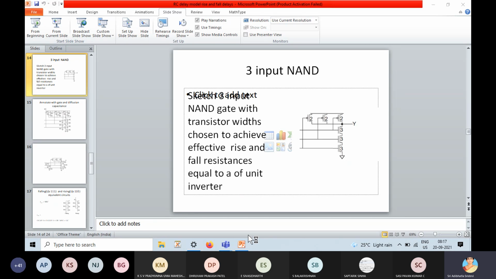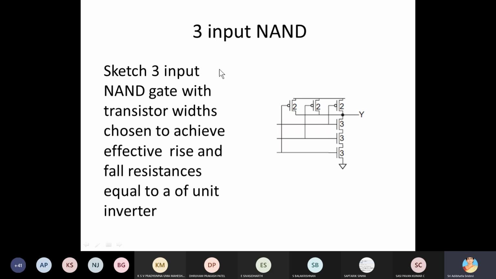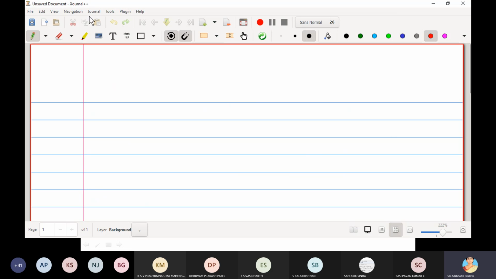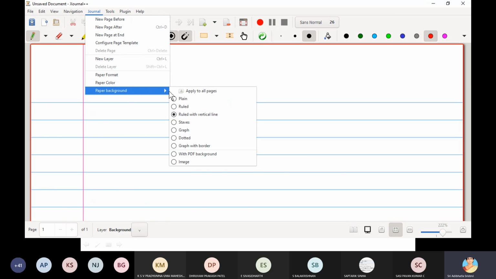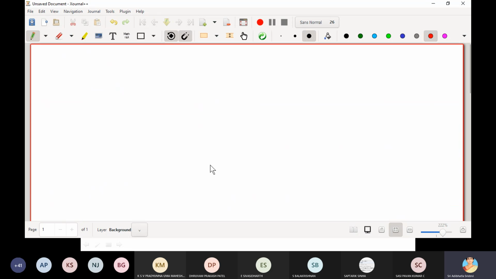Now we have to find the rise and fall times for this 3-input NAND gate. For that, we need to find the equivalent circuit for the NAND gate using our RC delay model. Are you ready? Yes, ma'am.